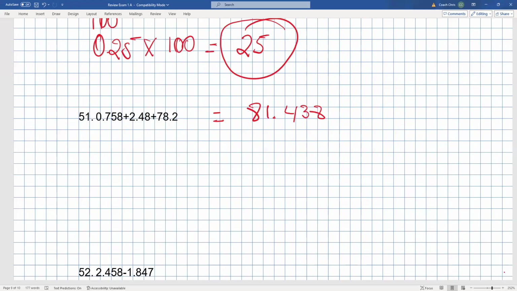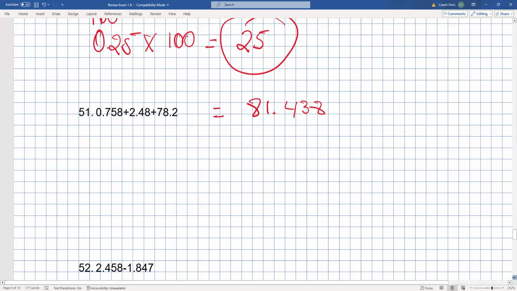Why? Because of the 8 after 3, you round that up. Now, if they say, record your answer to the 1000th place, to the 3rd place, what would you do? 81 point what? Good job. 81.438, because your answer is already at the 3rd place, so there is nothing you're going to do.